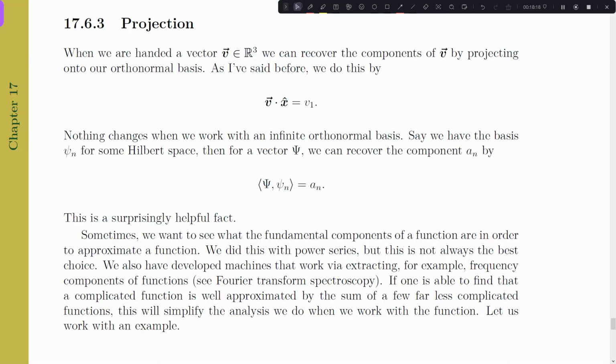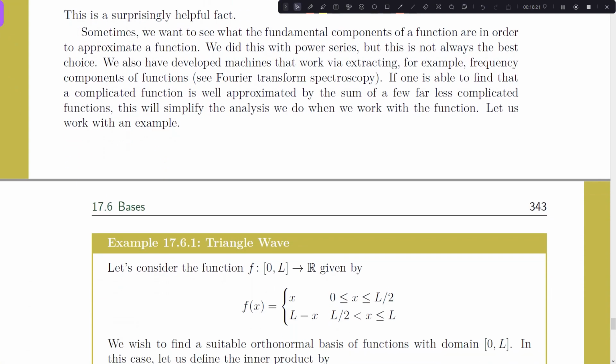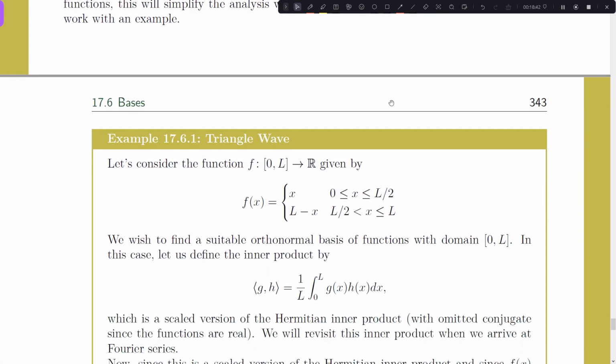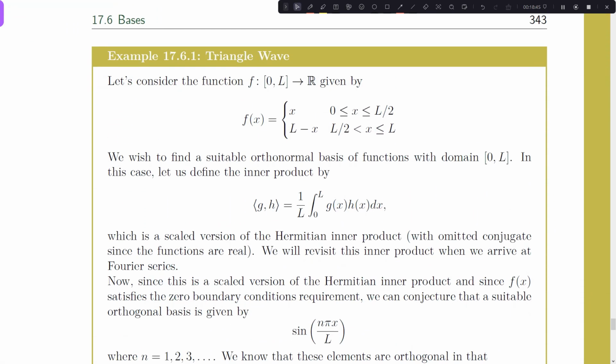And if I jump down to the example, that's why maybe we care about this. If we look at this function f, which is a triangle wave, it looks something like this, where that's 0 and that's L. So it just looks like a triangle by itself. We can actually decompose it by projecting onto the sines.